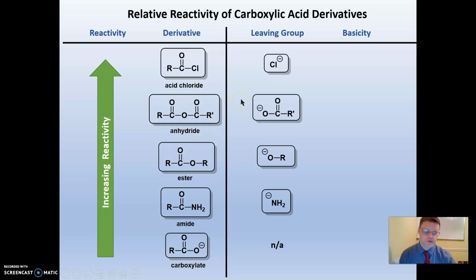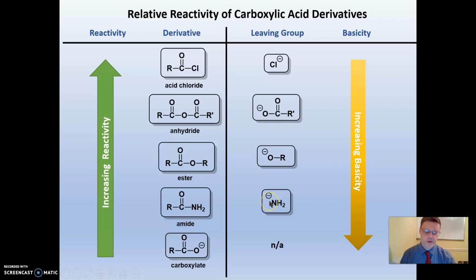One of the reasons we can explain that relative reactivity has to do with the leaving group. And if we look here, as we go from the top to the bottom, we have increasing basicity. The more basic a group is, the poorer of a leaving group it is. So chloride is a pretty good leaving group, and as we go down here, we have worse and worse leaving groups.